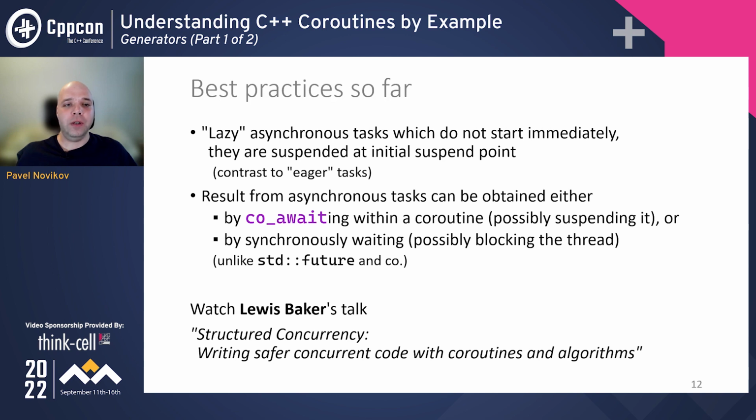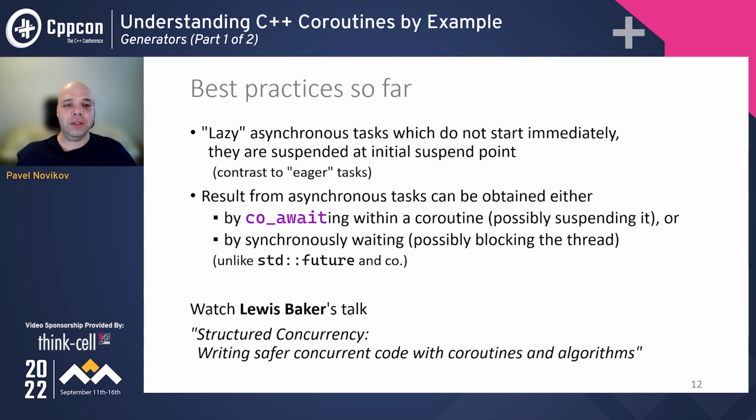Or we can get the result that is connected to that lazy object by synchronously waiting. And in this case, the thread that we synchronously wait on can block in case the result is not ready.